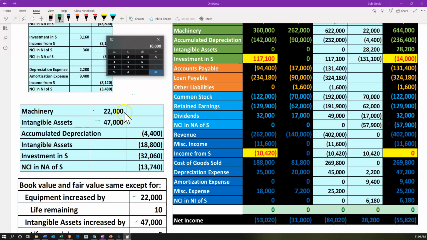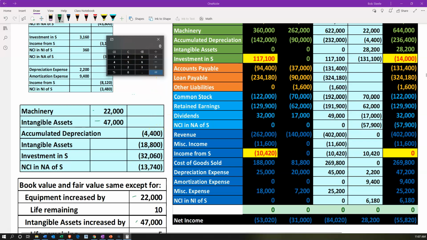Okay, so then if we took this whole thing, this plus this, we would break it out based on the balance sheet accounts for the parent and subsidiary breakout, the controlling and non-controlling interest, meaning the investment account up here, and then the non-controlling interest in net assets here.